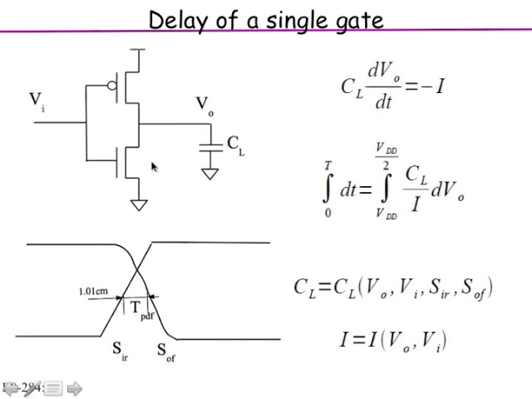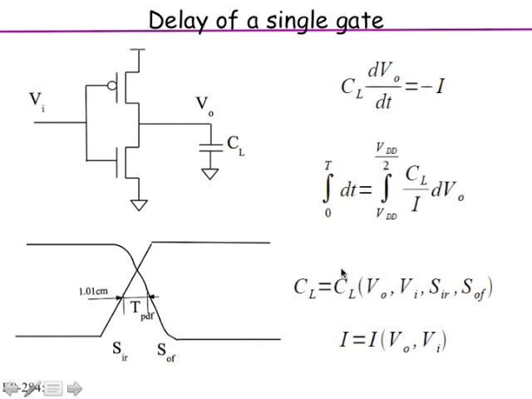That means NMOS is turned on and it is pulling down the current, so the voltage will start falling. So CL dV0 by dt is equal to minus I. Now you integrate this. The time required to go from VDD to VDD by 2 is basically the integral of CL by I dV0. This gives me the time required to discharge from VDD to VDD by 2.